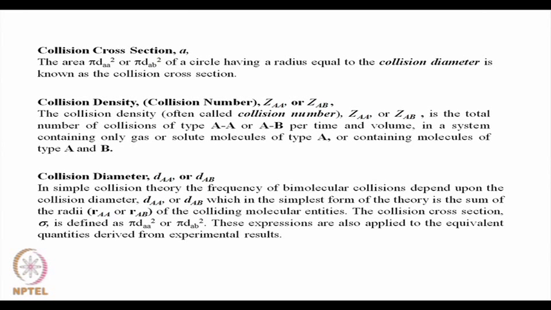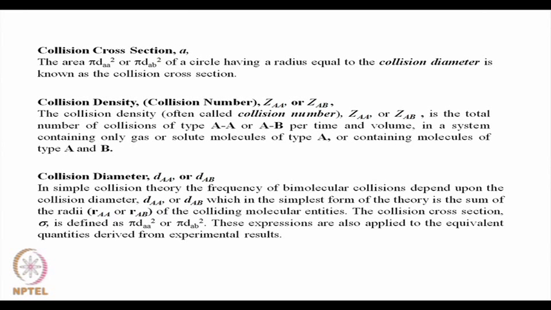One is the collision cross section, which is the area pi d_AB squared of a circle having the radius equal to the collision diameter.